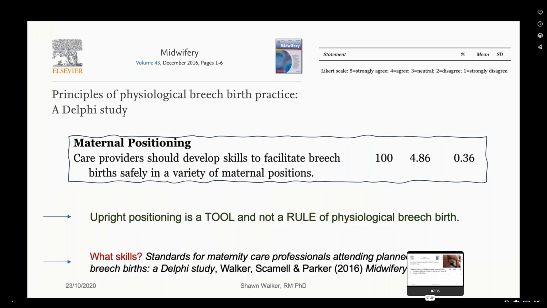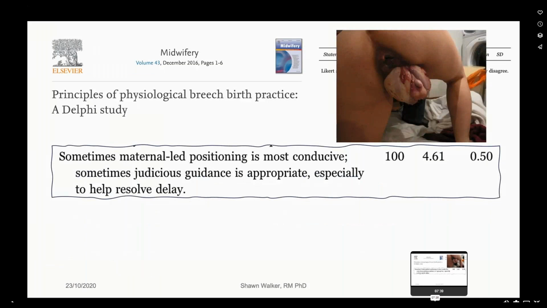I'm going to show you another video regarding the change of position. The woman adopted another position for the delivery. In this part, as you can see, the woman is not in the upright position.